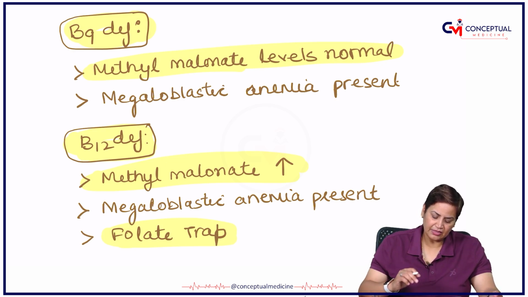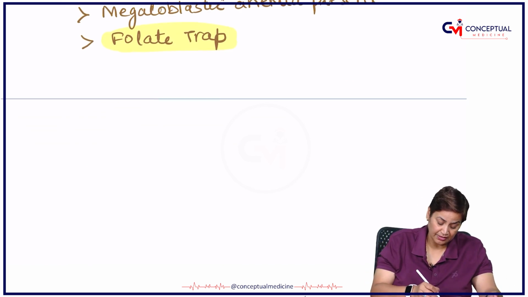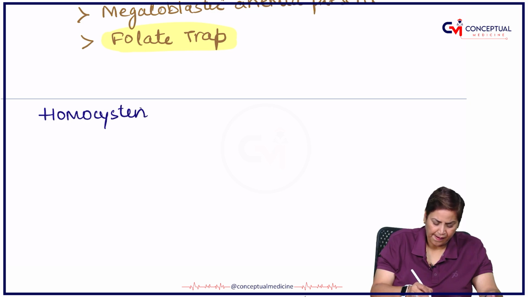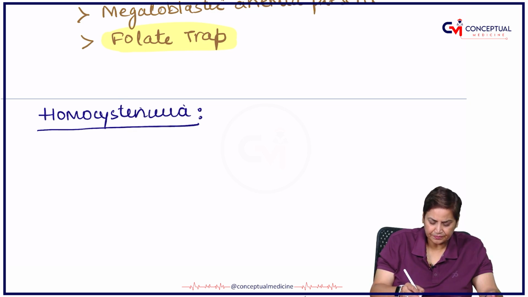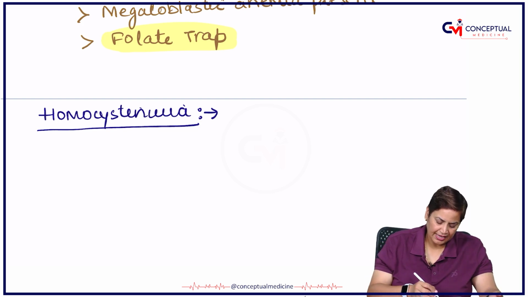Okay. Now we come over to what is homocystinuria and what are the clinical features in homocystinuria. What happens here is, initially the patient is totally asymptomatic. When the person is born, asymptomatic.